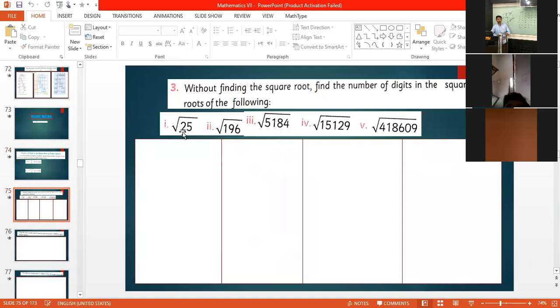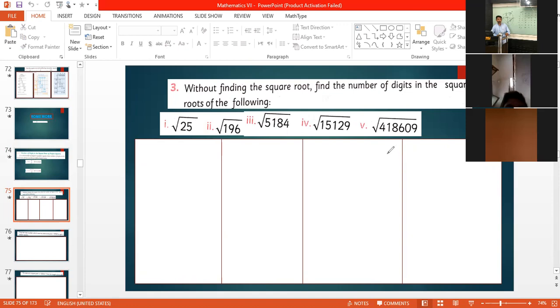Okay, this one, 25. How many digits will be in the square root of 25? It will be 5. When you find the square root of 25, 5 fives are 25.